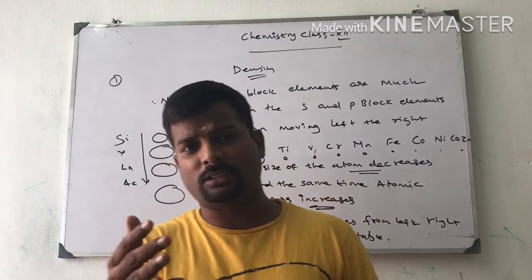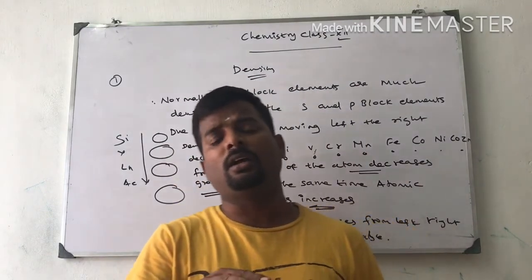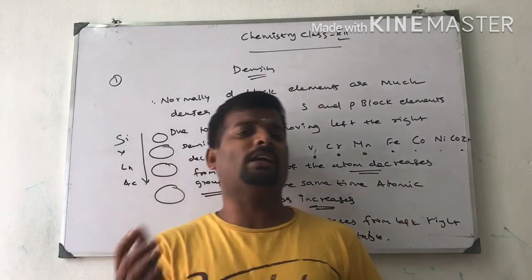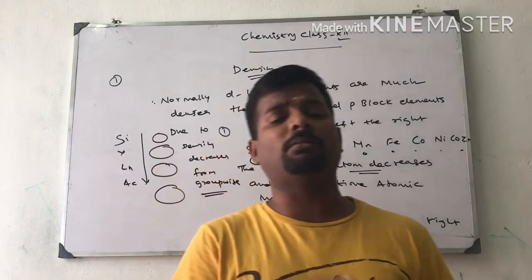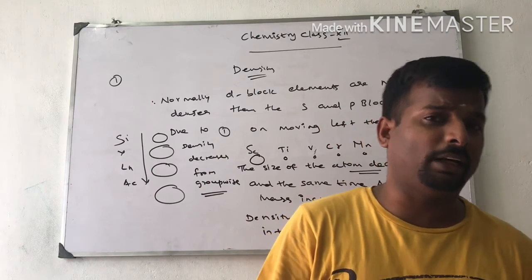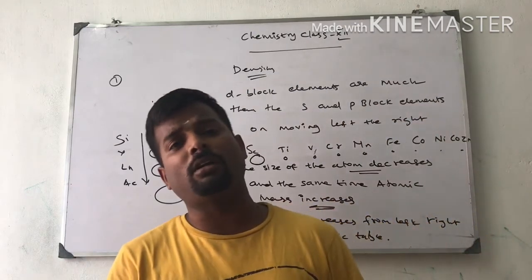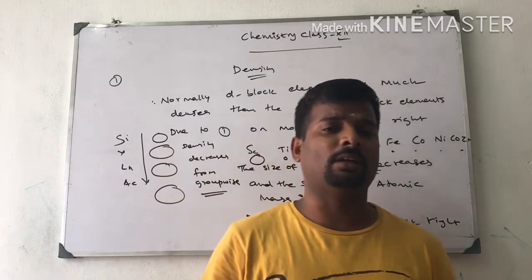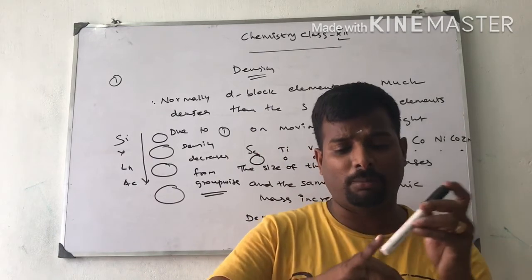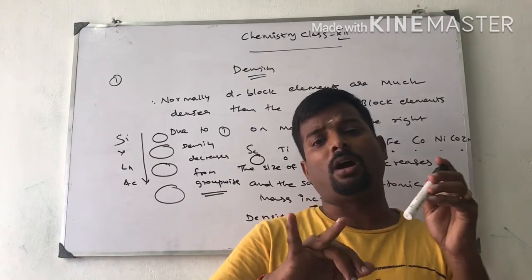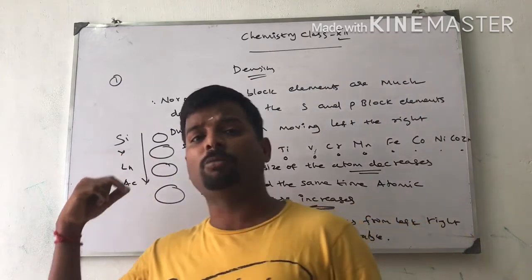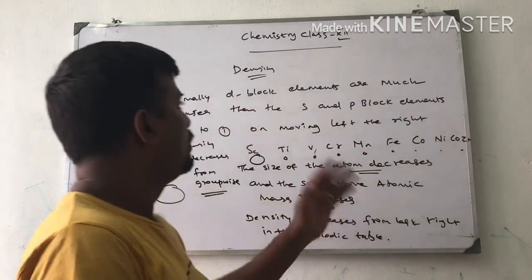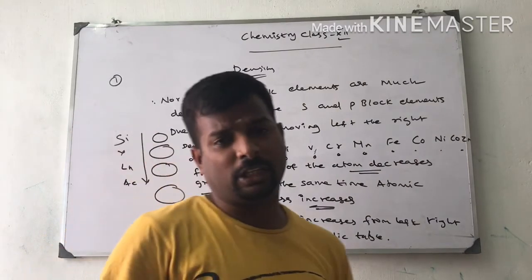In today's session we discussed that the n-1 d and ns orbitals have a very small energy gap, so the electrons of the n-1 d penultimate shell are also involved in chemical bonding. After that we discussed melting point, boiling point, and enthalpy of atomization with the help of two graphs. The last topic was density.